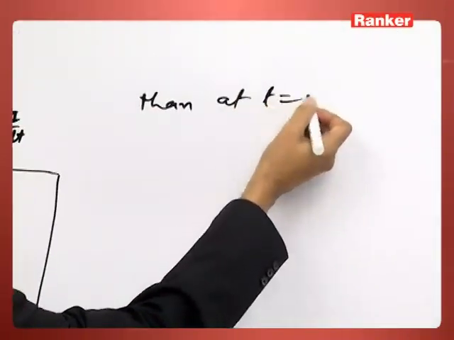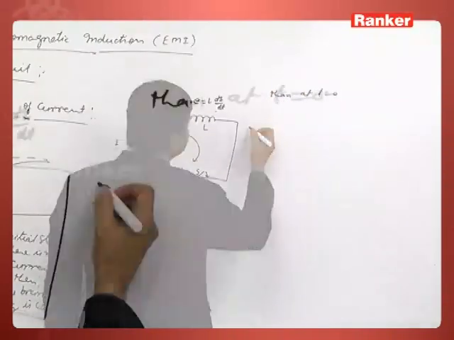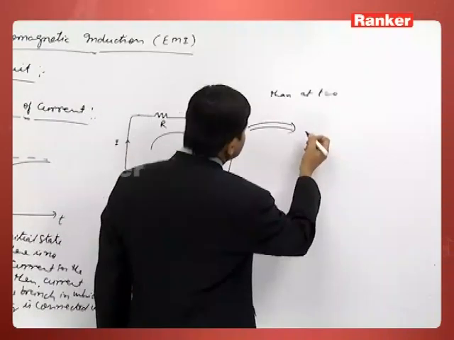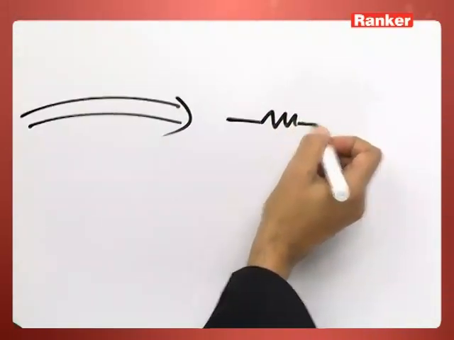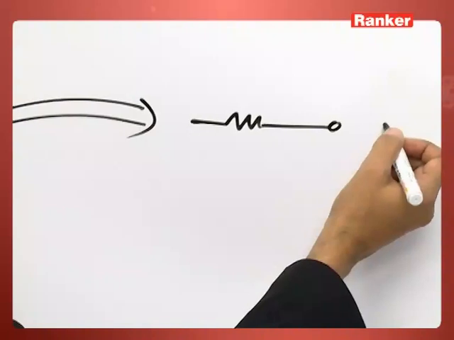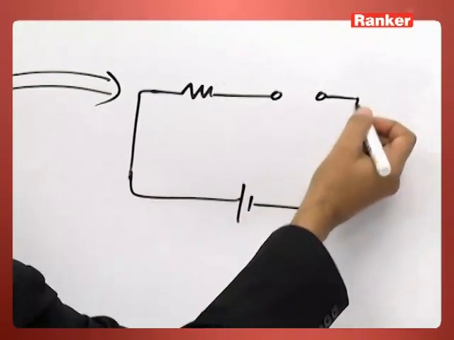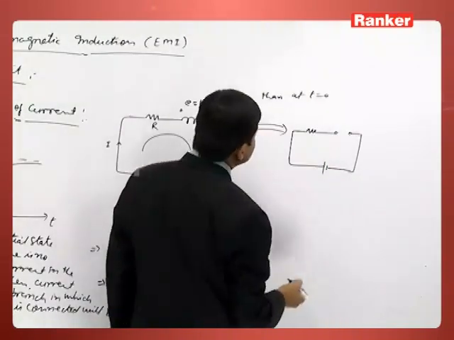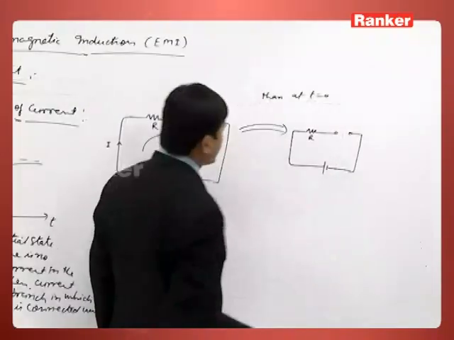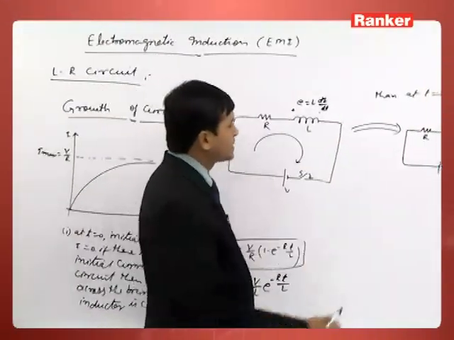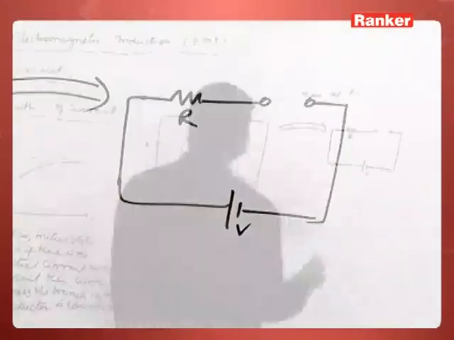At t is equal to 0, that circuit can be equivalent to this. Since there is no current here, although the resistor is there, this type of diagram is what we have at t is equal to 0.